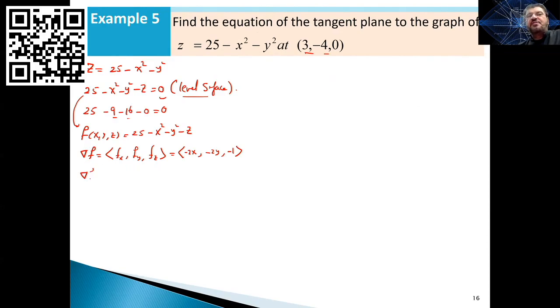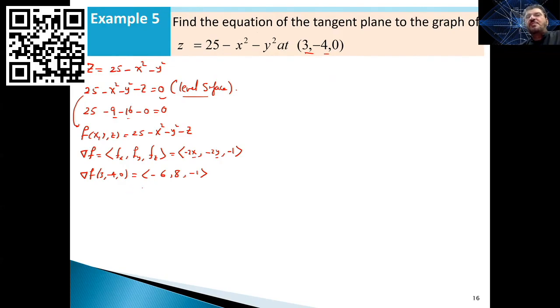I need the gradient of f at what point? At 3, -4, and 0. So what do we get, guys? This is going to be -6, right? Because if I put 3 here, I would get -6. Put y as -4, what do you get? You get 8. And z is fixed at -1. So this is the gradient of f.